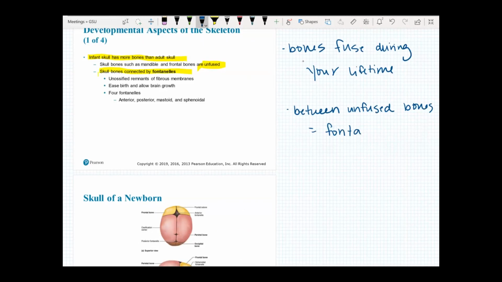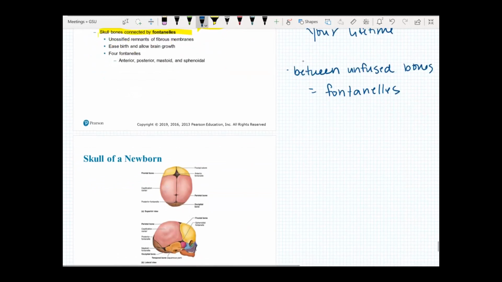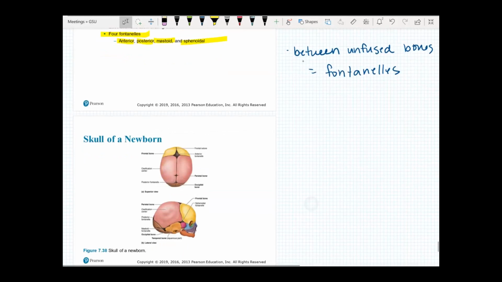These are also called the soft spot on a baby's head. You may have heard of that, but they allow for the brain to grow. These fontanelles are found in 4 places: on the front, on the back, near the jaw, and by the side.